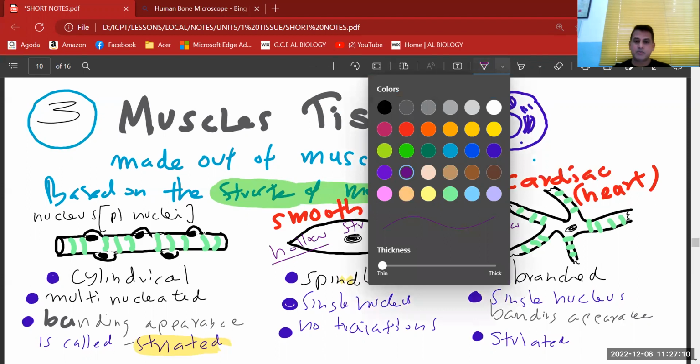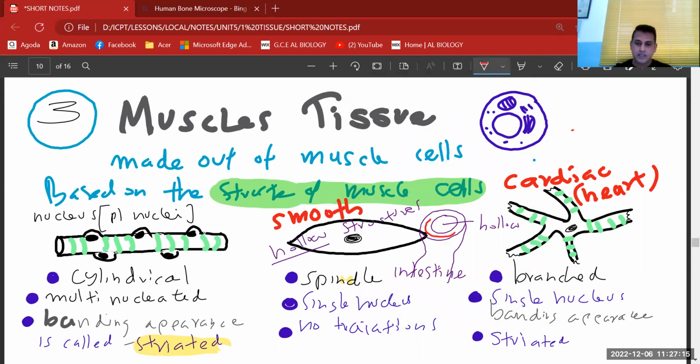We can find smooth muscle in the intestine because the intestine has a space in the middle. Blood vessels are the same. They are tubes. The empty space in the middle is called hollow, which is filled by the blood, and they have smooth muscles. And the respiratory system, trachea: the trachea again has a space in the middle, and around it we can find smooth muscles.